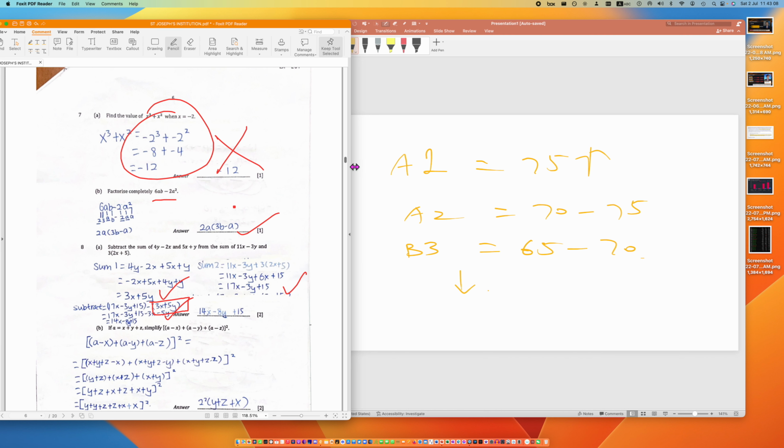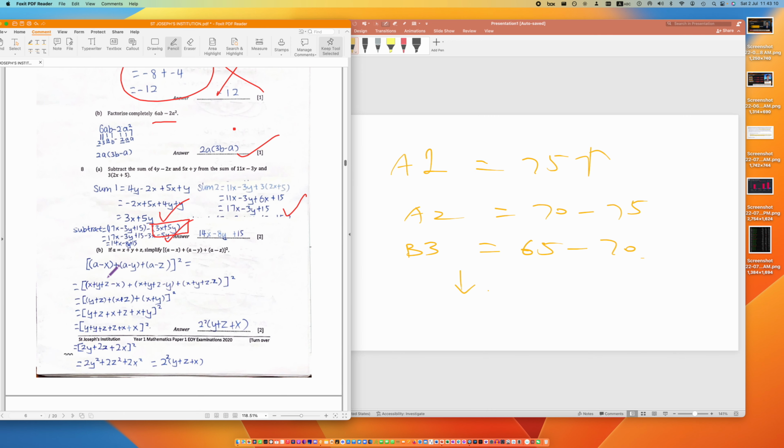Next. If A is equal to this, so basically you substitute in A. You sub in A, then oh, still so complicated. Let me see. Okay, good. This is 2y, this is 2e, this is 2.